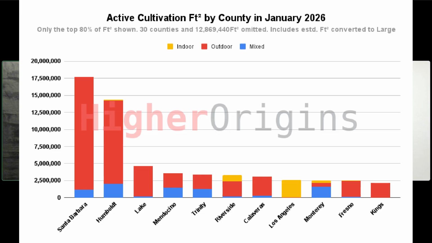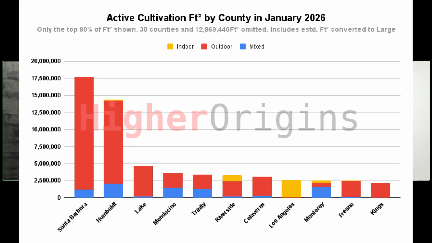So anyway, that aside, looking at a slightly different graph here. This is looking at active cultivation square footage by county right now, here in January 2026. The top 80% of square footage in the state is only in 12 counties.